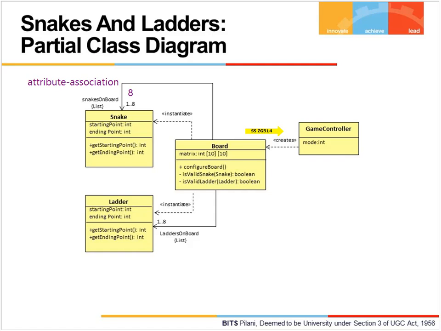Why not solid lines between game controller and board, right? The solid line has been transformed into the dependency relationship, which is an additional notation that exists in class diagrams.